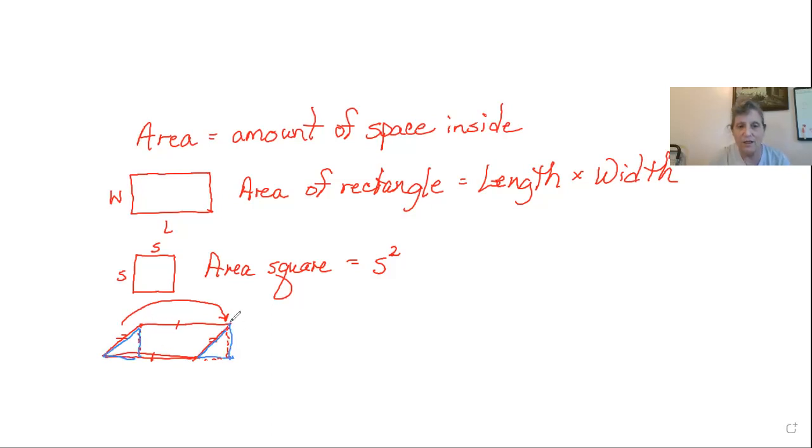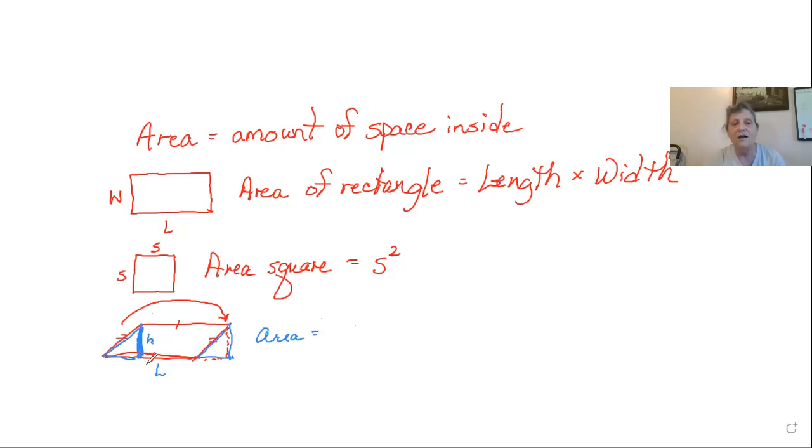And since once we make a rectangle out of it, the area would be length times width, but this side would be taking the place of the width, and they typically call it the height now. So this is the height, this is the length.